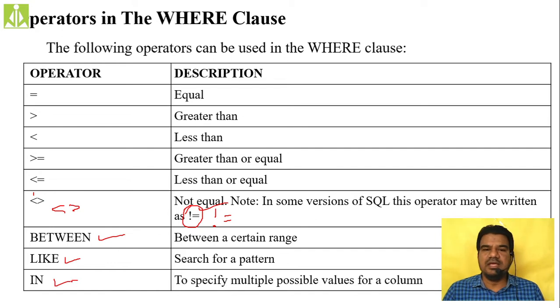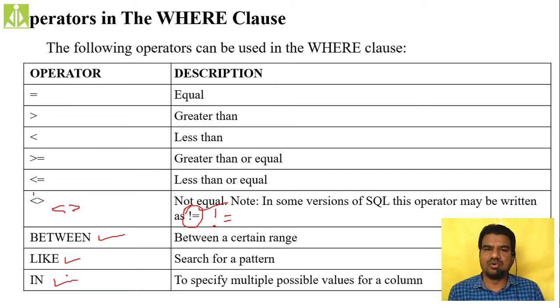In is used if you want to give not a range but a list of values. Let us say I want the employee details whose age is either 32, 42 or 52.